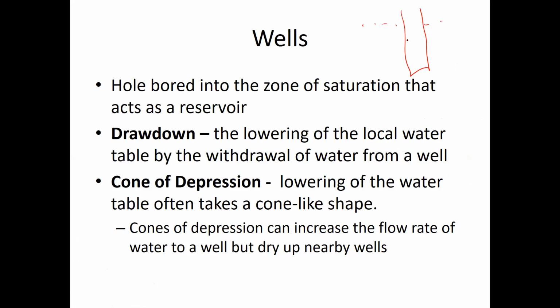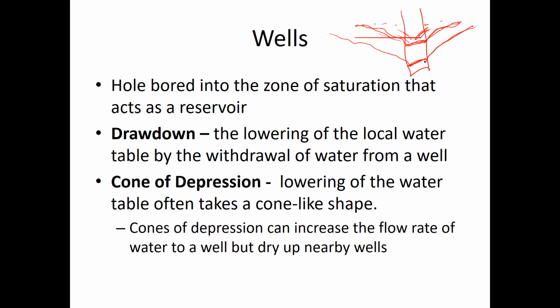And if we extract water at a rate where we keep the water level in the well right here, well, the water is going to keep flowing out of the ground to replace this water, because the water in the ground is higher than the water in the well. So eventually, the water table itself will be drawn down and connect with the height of the water that's maintained in the well. If we maintained a height in the well like this, the water table would be drawn down even more.